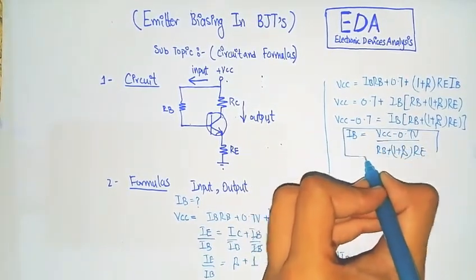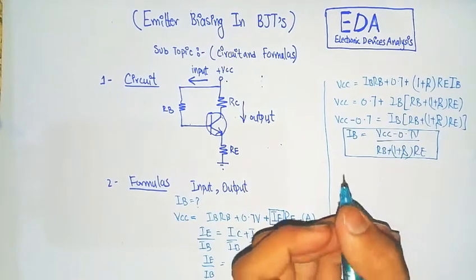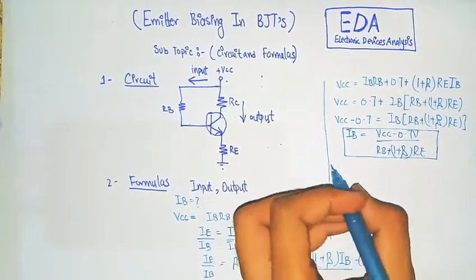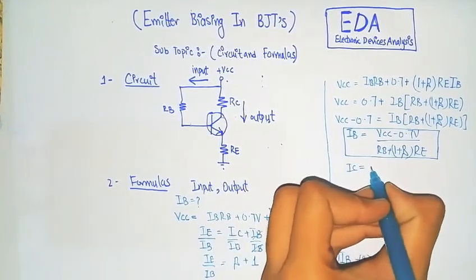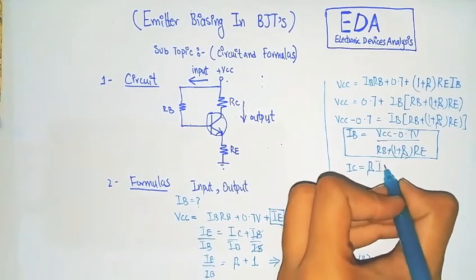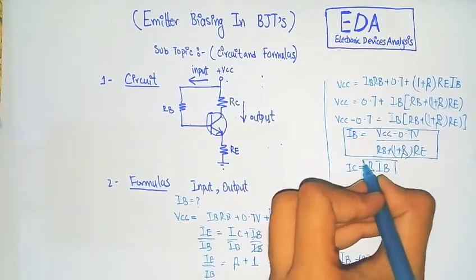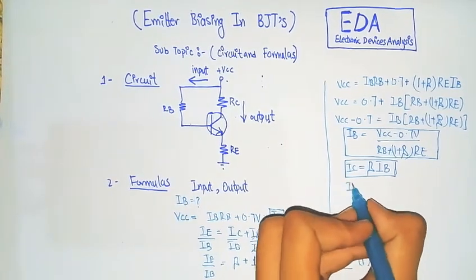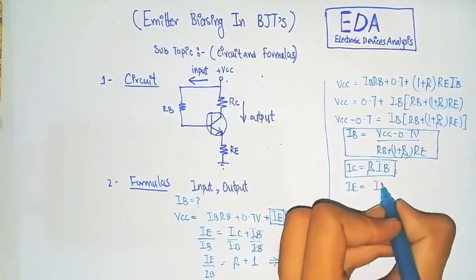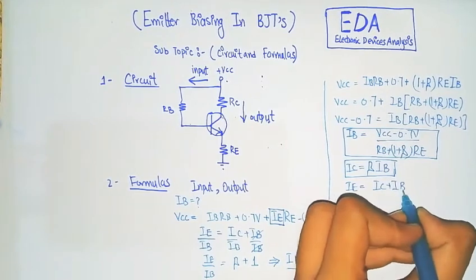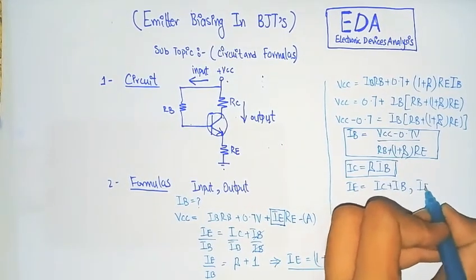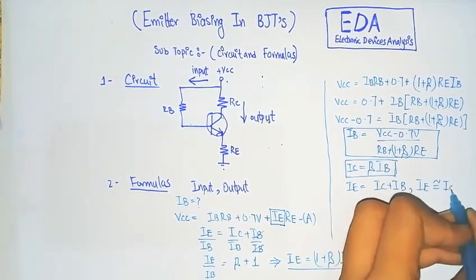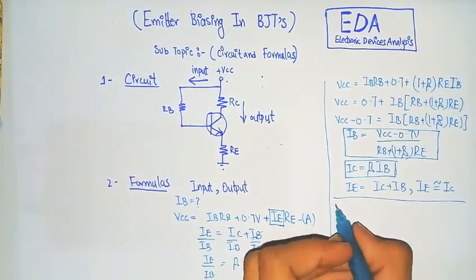This will be the formula of base current. From base current you can find the collector current: IC will be equal to beta times IB, and IE will be IC plus IB, or it can be taken as IE approximately equal to IC. So these are all formulas.